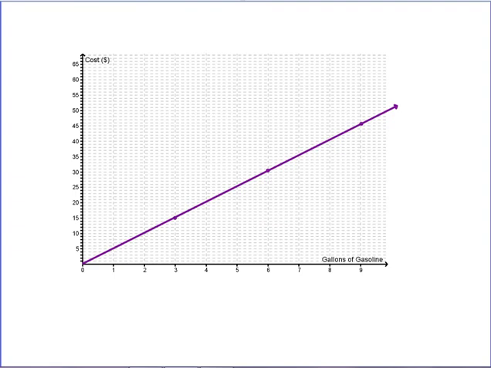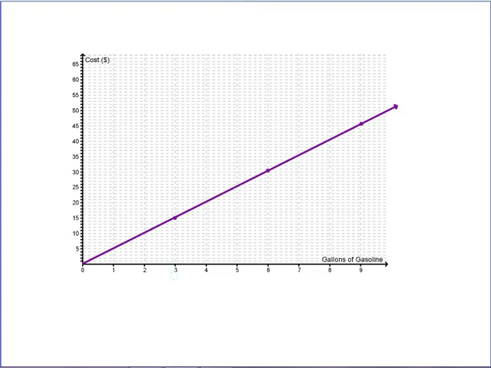So here I have another graph. I have a situation here where I have cost in dollars for my y-axis and gallons of gasoline for my x-axis. I'm going to look for points along that line to help me find different situations for this scenario and my unit rate.